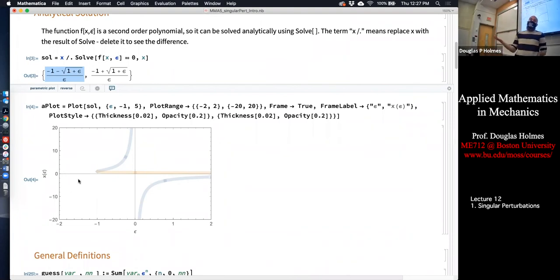And that's a really good question. And what happens, and this will become more clear in the next lectures, what we have to do is take these solutions, one that is from our regular perturbation and one that's from our singular one, and we have to match them so that they meet up together. It's almost like the red curve is bending up to that little point here, and the blue curve is bending down.